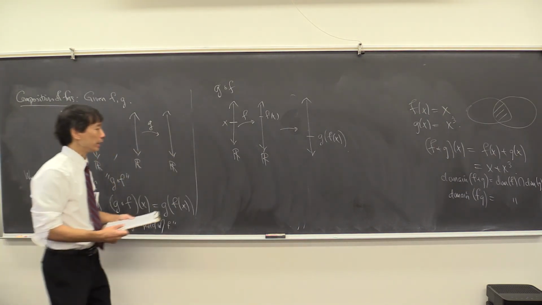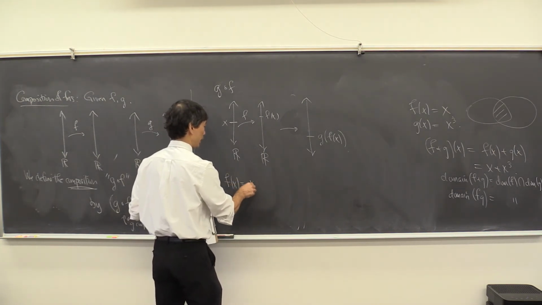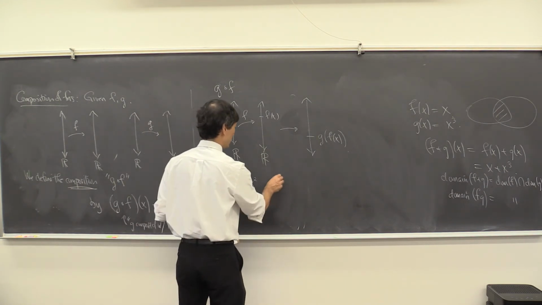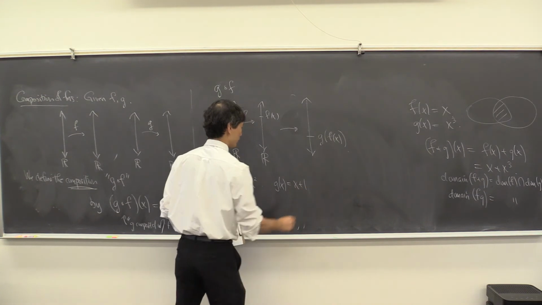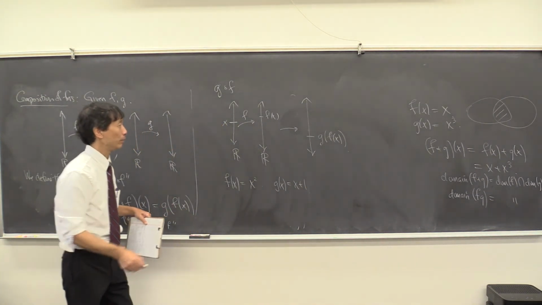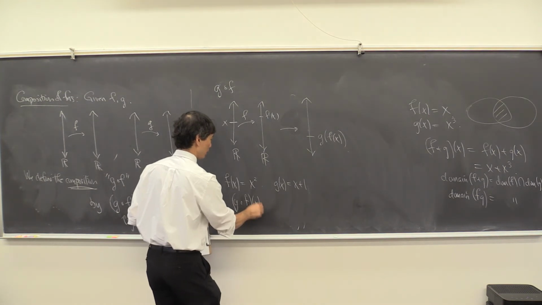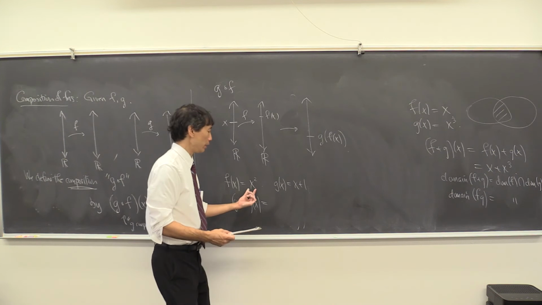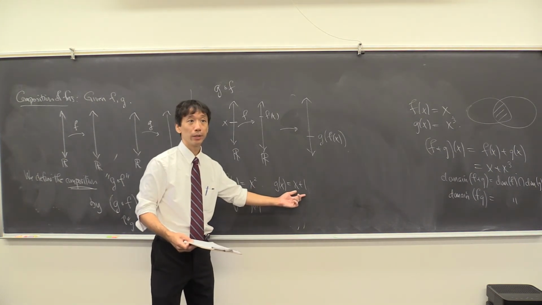Okay. So if I have f of x equals x squared, say, and g of x equals x plus 1, then g of f of x would be obtained by taking the output of f and feeding that into this guy.